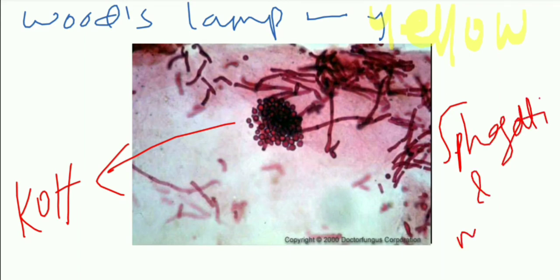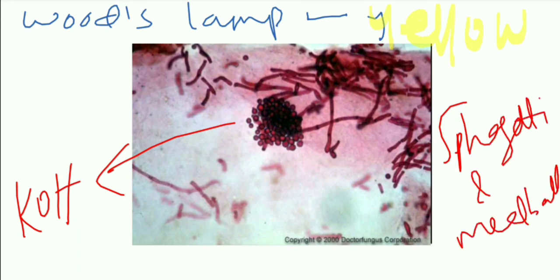Another important thing which you should remember is this other investigation, KOH. KOH is alkaline, so it can dissolve the fungus, and you get this appearance. This is the spaghetti and meatball appearance.